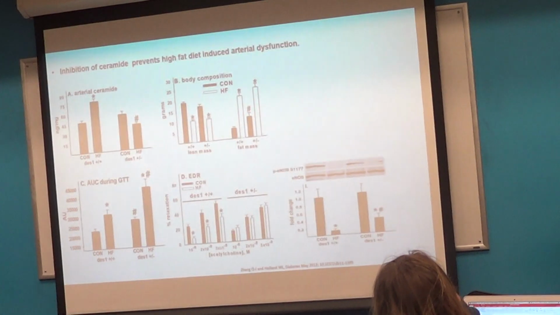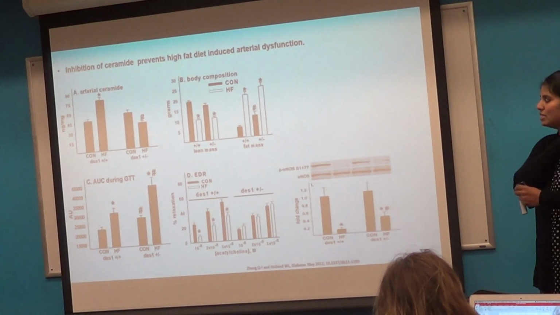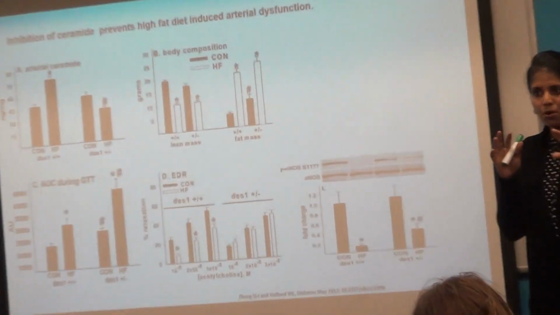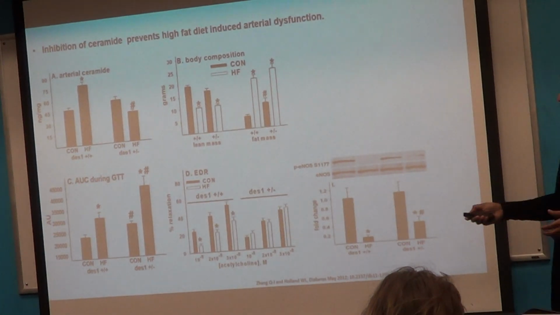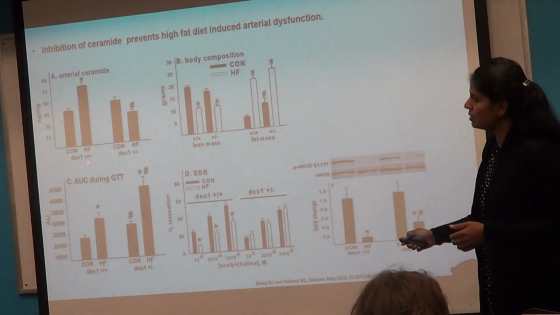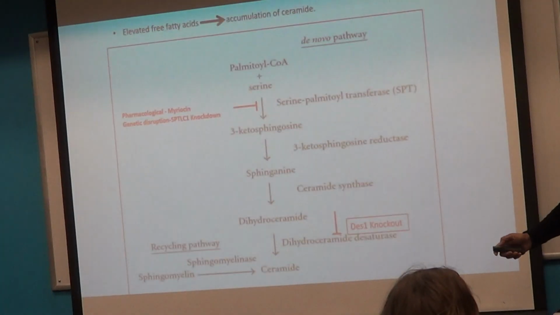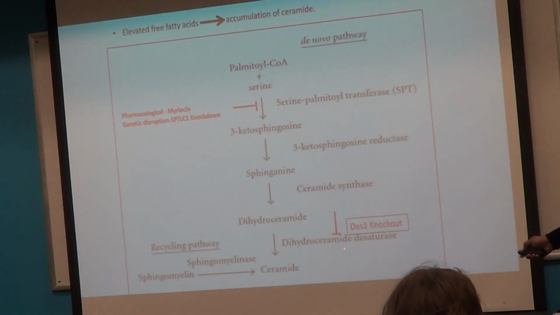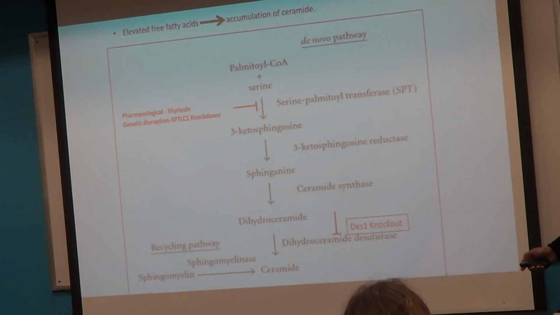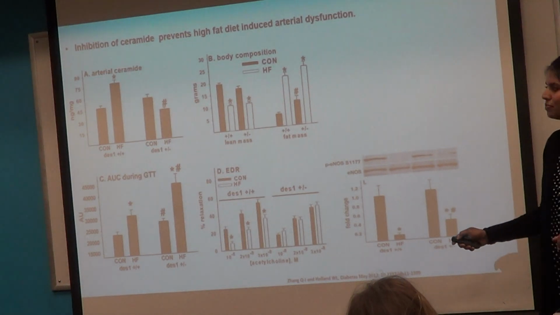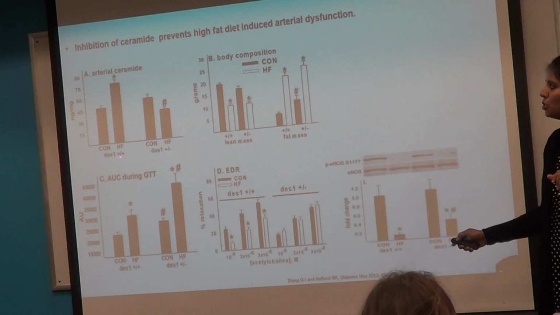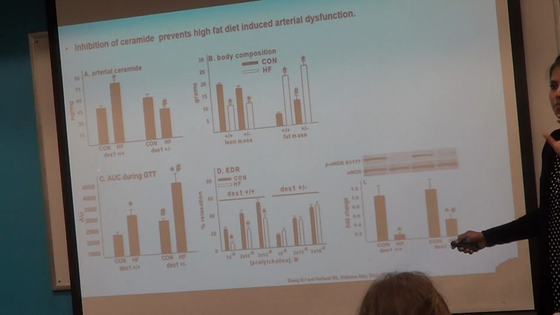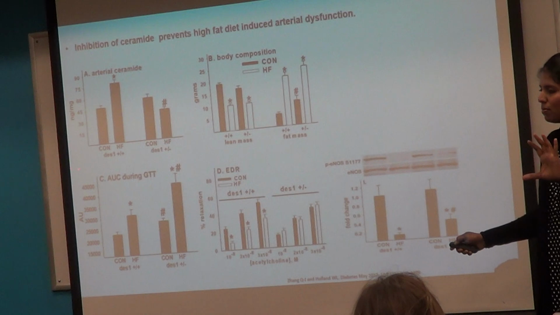So next, what we did. Now, we have the same mouse model, with two more groups. This enzyme is DES1, dihydroceramide desaturase. If I say DES1 plus, it's just a regular mouse, a wild type, normal mouse with the full, active enzyme, no knockdown.